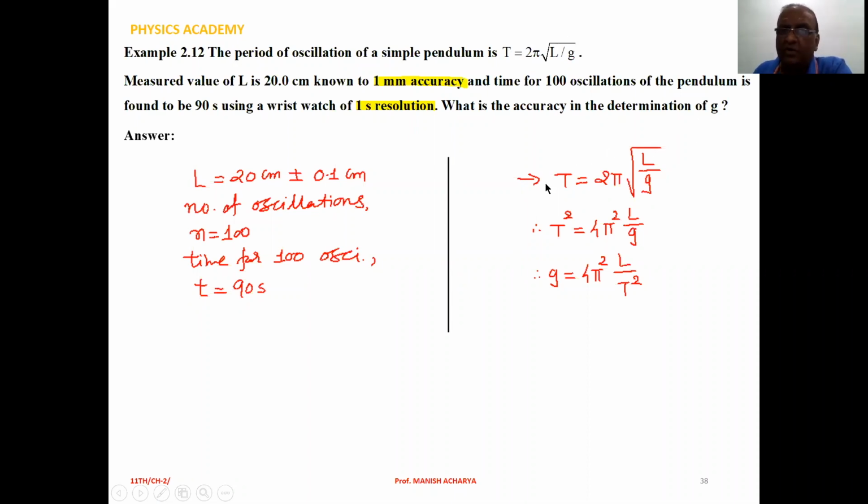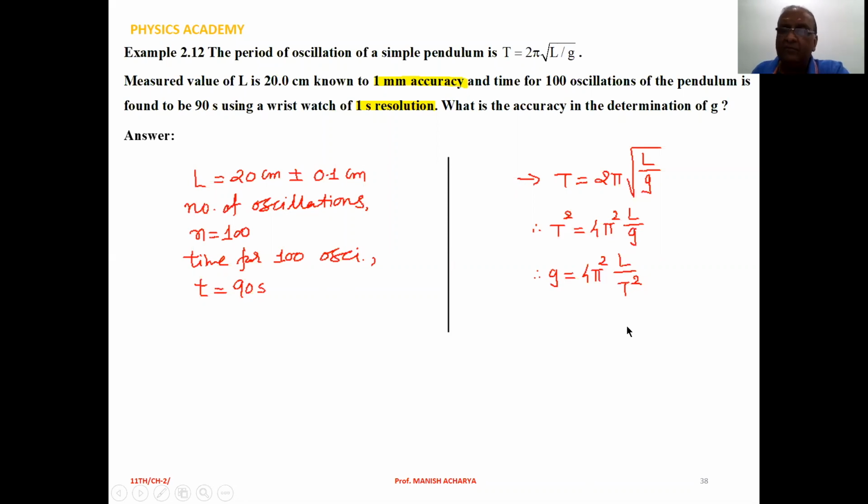So first of all, we have to make g the subject of the equation. So take the square on both sides. We can write T square equal to 4 pi square into L by g. Therefore, g equal to 4 pi square L upon T square.